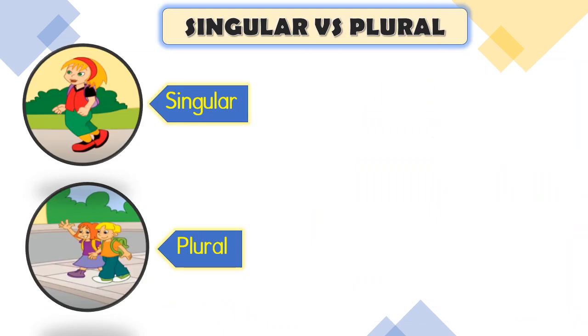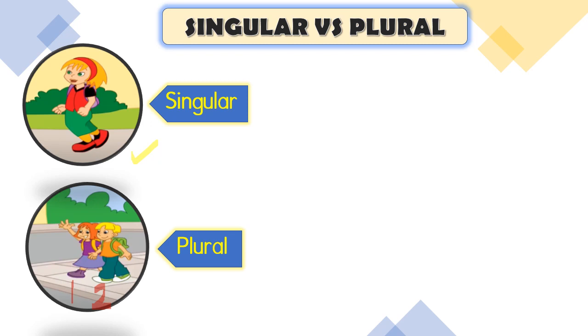So let's do some practice on singular and plural. Okay, so look here at the first picture. There's only one person in the picture. She is Anna. So we call it singular. What about the second picture? We have more than one person in the picture.